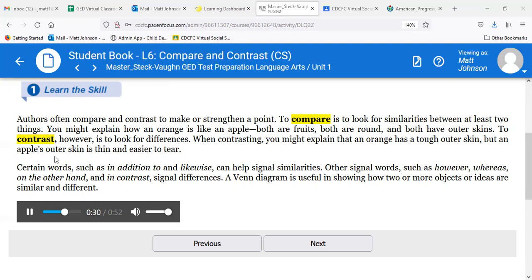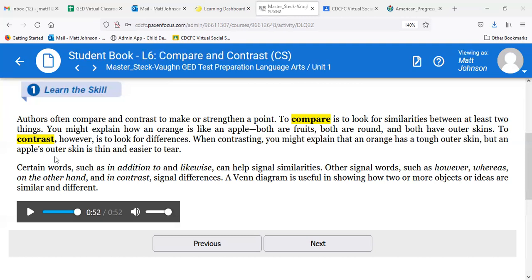Certain words such as in addition to and likewise can help signal similarities. Other signal words such as however, whereas, on the other hand, and in contrast signal differences. A Venn diagram is useful in showing how 2 or more objects or ideas are similar and different.